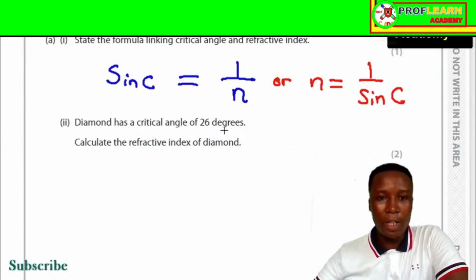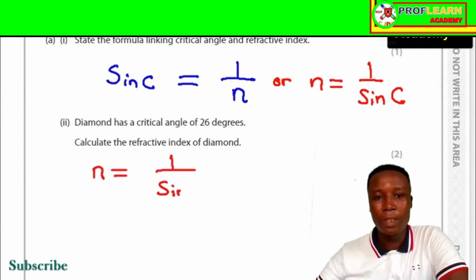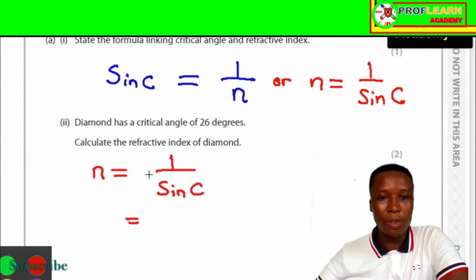Diamond has a critical angle of 26 degrees. Calculate the refractive index of diamond. So first we are going to write the formula: refractive index equals 1 divided by the sine of the critical angle. In this question we are told the critical angle is 26 degrees.